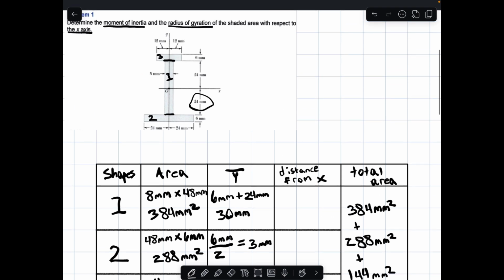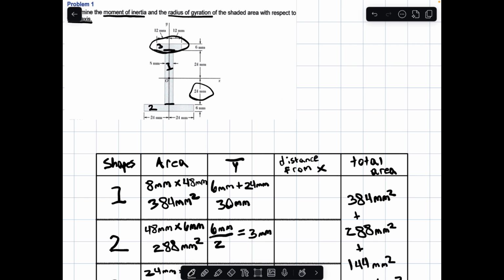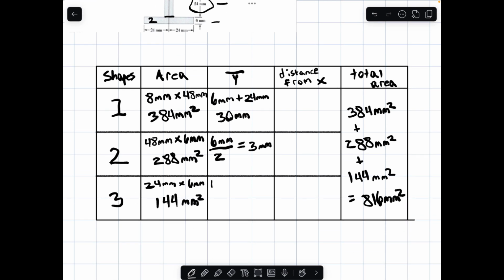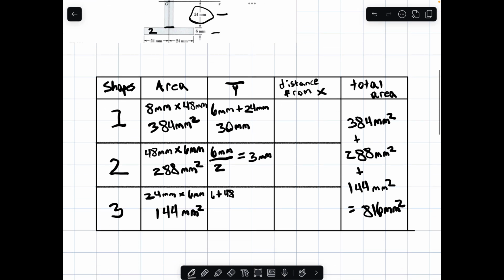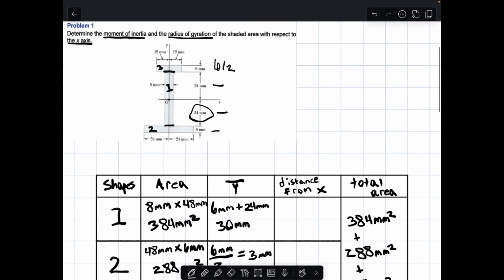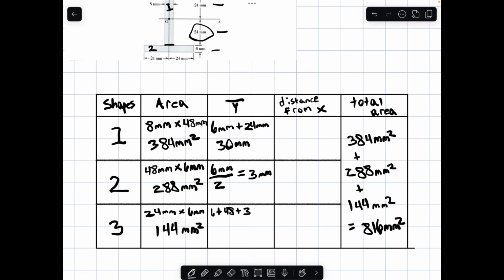And for our third rectangle, it would be 6 plus the 24 plus another 24, plus 6 divided by 2. So 6 plus 48 because of the two 24s, plus 3. Together that is 57 millimeters.